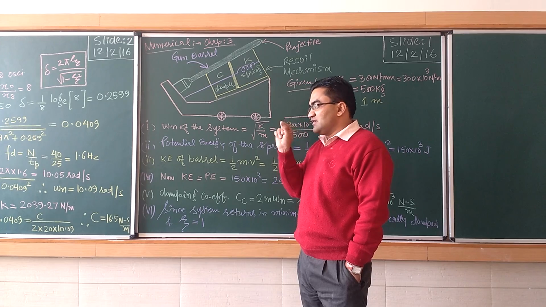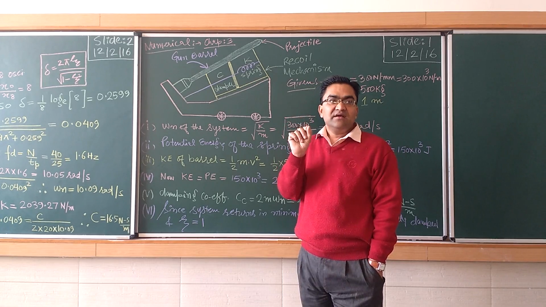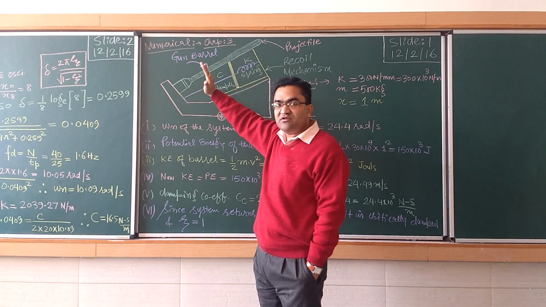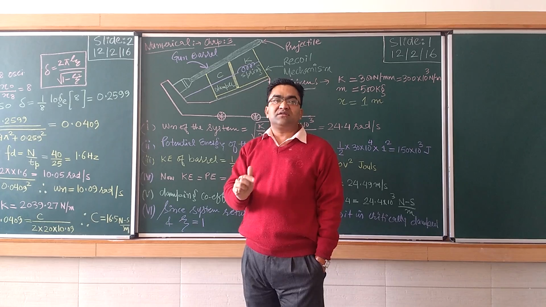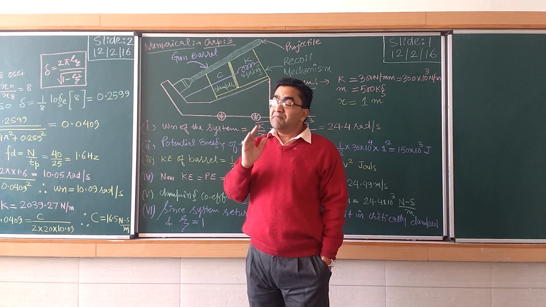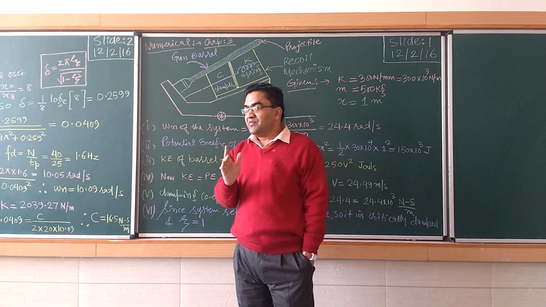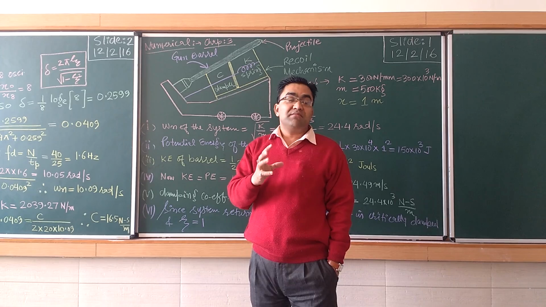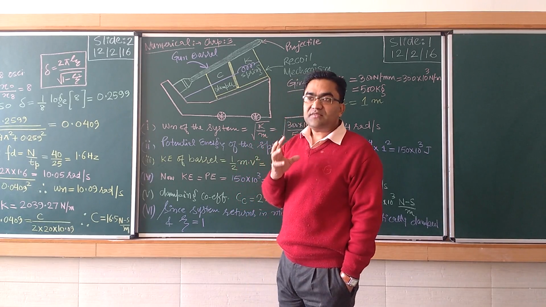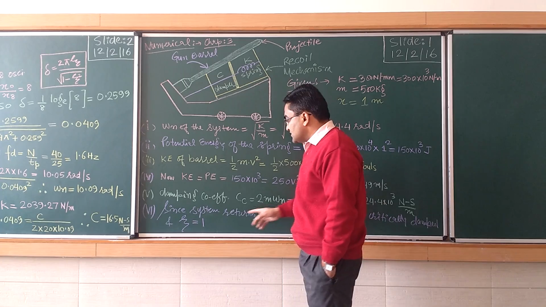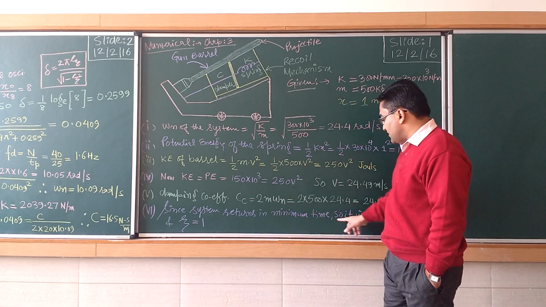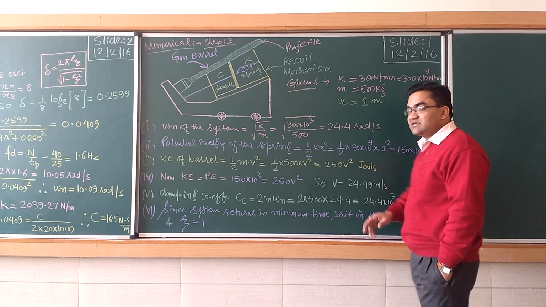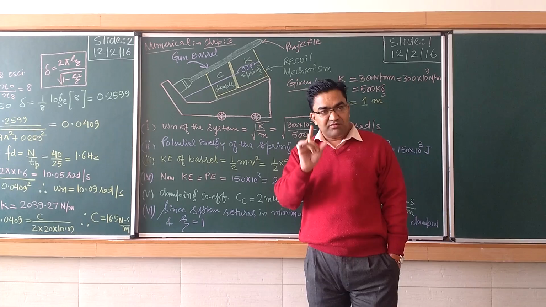Please mention these words, underline, that the system comes back to the original position or the equilibrium position in a minimum possible time. Once we are given that it is returning in the minimum time, that means the system is critically damped. Point number 1.